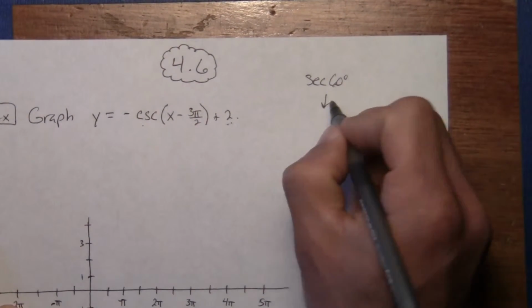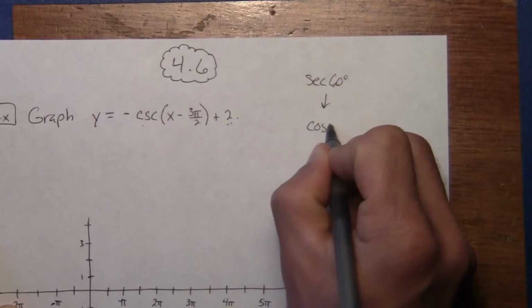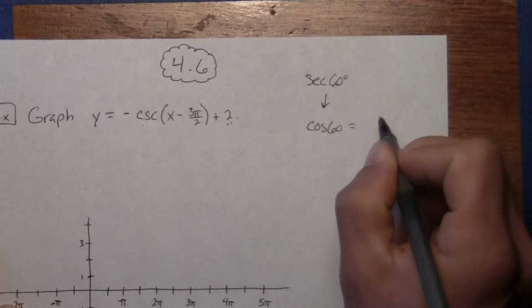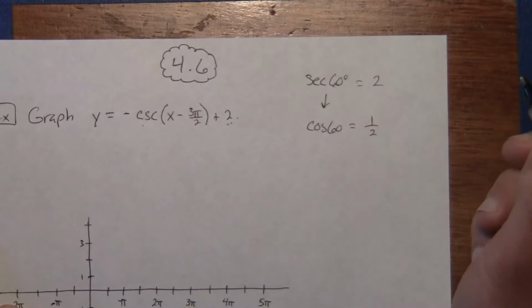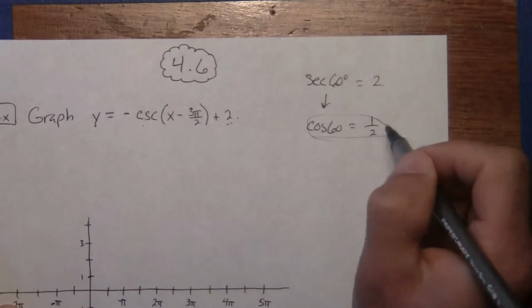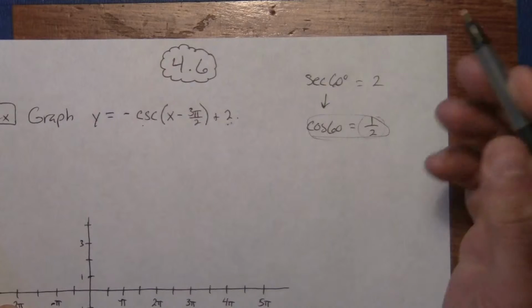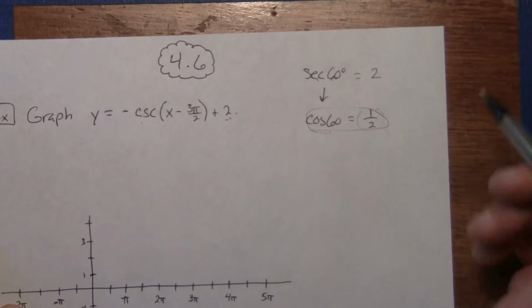We said, I'm going to find the cosine of 60 degrees, which I know is 1/2, and then I'll just take the reciprocal of it. So it's 2. So I always thought in terms of cosine, and then I switched it to secant after I knew what the cosine's answer was, or if it was cosecant, I figured out what the sine was and then reversed it.